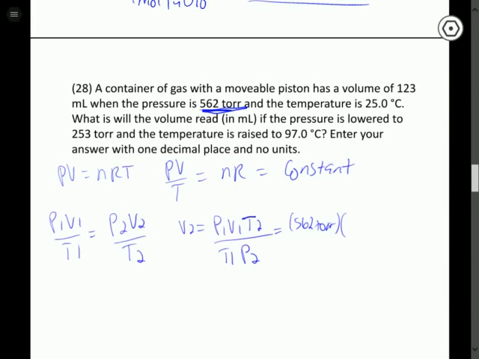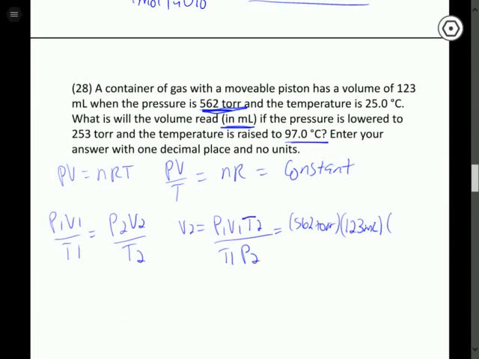The initial volume, V1, is 123 milliliters. Again, if we're looking for the volume in milliliters, we read the problem closely, that's the unit we want, so we'll just keep that volume unit, milliliters. It doesn't matter again for this. So 123 milliliters. And then T2 is the second temperature, which is 97 Celsius.